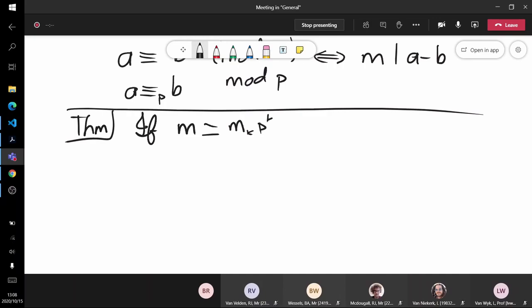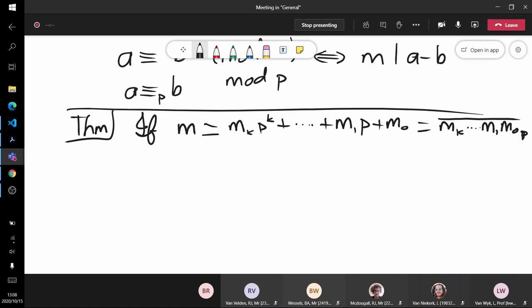A different notation for base p you might be used to is just writing the digits m_k and so on till m_1, m_0, where m_0 is the units digit, with a line across it and a base p subscript.